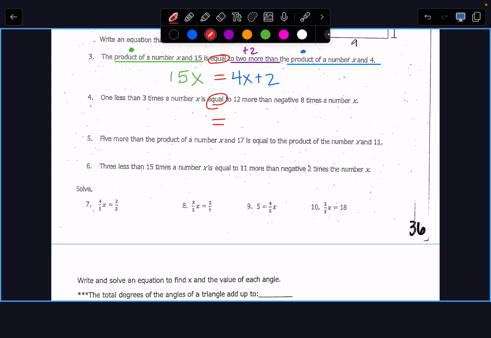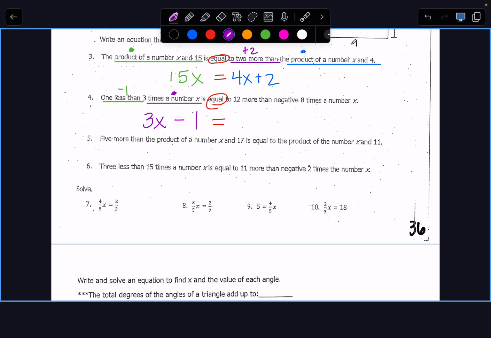So 1 less than means that we are going to need to subtract 1. 3 times a number x means multiply. But this is one of those weird things. 1 less than 3 times x means we have to write 3x minus 1. 1 less than 3x means that we have to write it backwards than it's actually written.